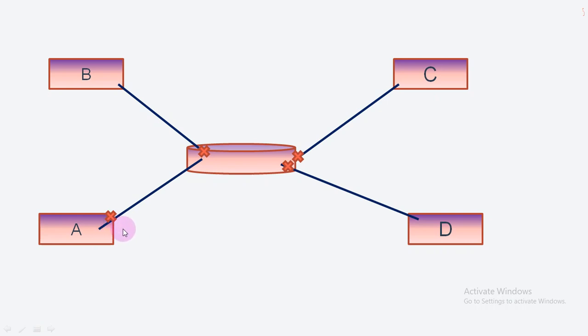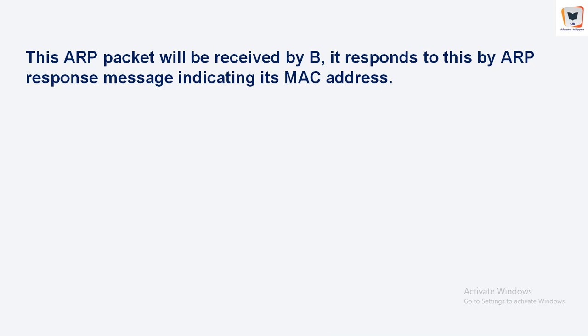Therefore it will prepare an ARP packet and broadcast it. This particular ARP packet will move to every other node, and C, upon catching this ARP packet, will mention its MAC address and send it back to A. Thus, the ARP packet will be received by B, and it responds to this ARP with a response message indicating its MAC address.